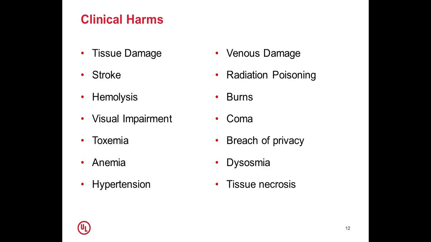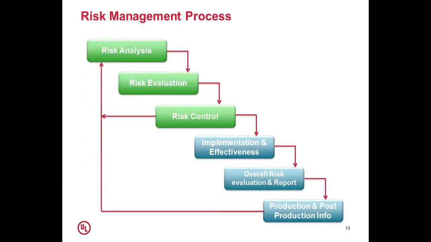Even a breach of privacy becomes a clinical harm, because the patient data is leaked or attacked through some network, and the privacy of the patient is lost. So that could also result in a clinical harm. Dysosmia is a loss of smell, and burns are very common. But these clinical harms we will have to consider during a risk management process.